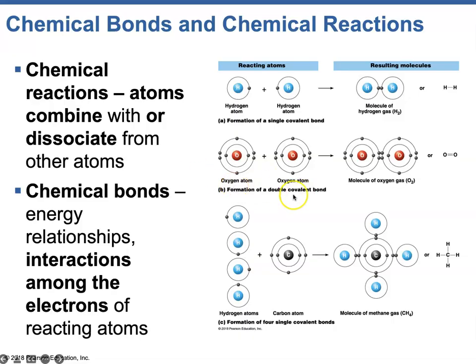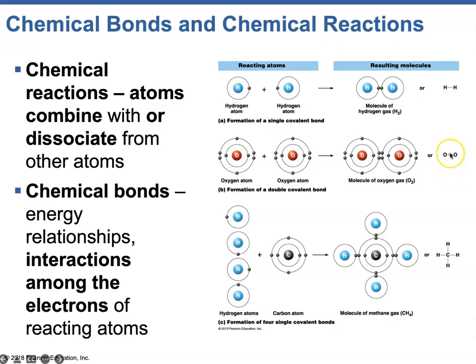And so because we have 6, we want to get 2 more. That's very easy to do when you combine these two, oxygen plus oxygen. We put them together, and now look, we can share 2 electrons from each, and we end up having a nice little pairing, or what we call a double bond.